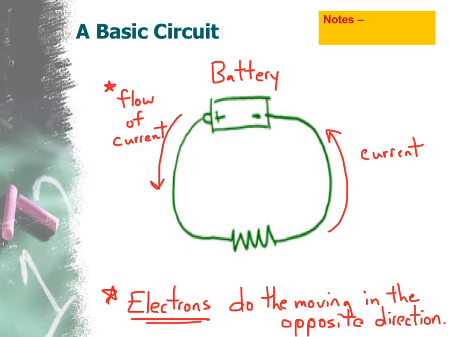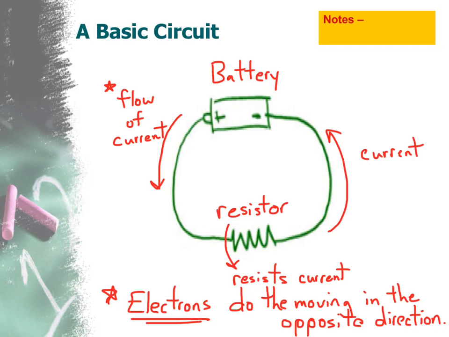The other thing that we have in here is this little squiggly line, and this squiggly line is what's called a resistor. Its job is to resist the current flowing from this positive terminal over to the negative terminal.